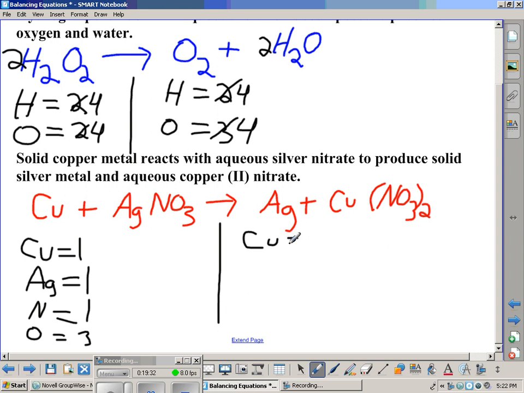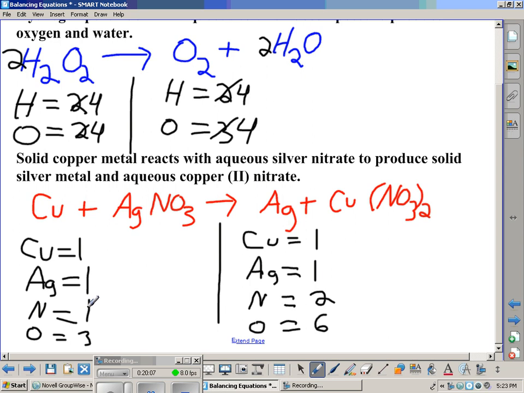It makes it easier to keep track of. So copper, we have 1 of those, silver 1, nitrogen. We've got 2 of these ions, so that means 2 nitrogens. And since there are 2 of these, that means 6 oxygens. So 1 nitrogen, 2 nitrogens.